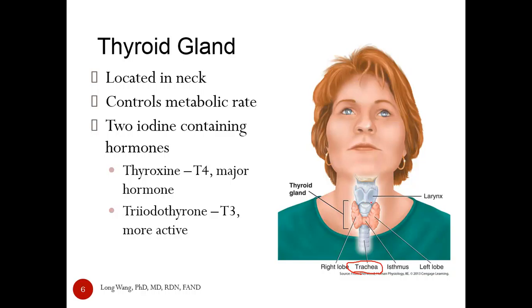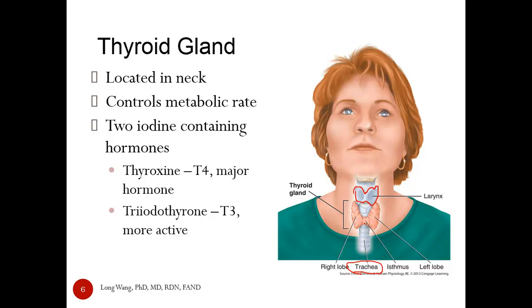This figure shows a woman, but this bone, if we're talking about a male client, would be the structure known as Adam's apple. So we can see where the normal location of the thyroid gland would be.